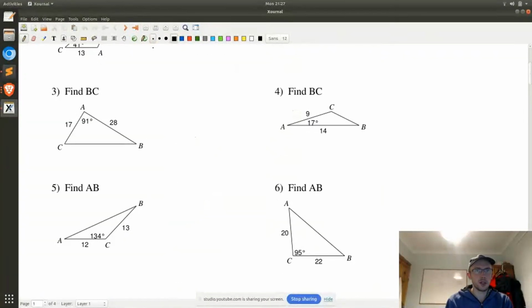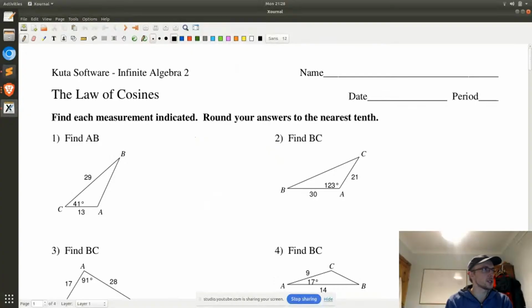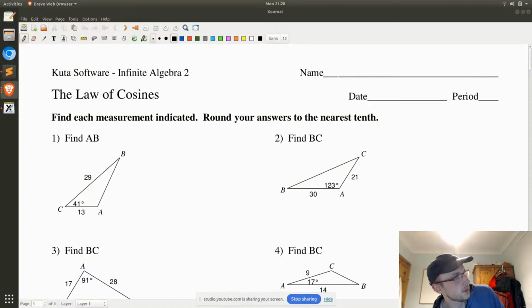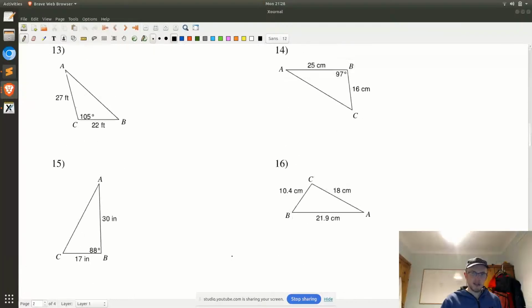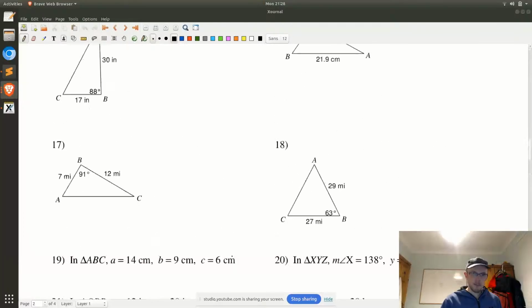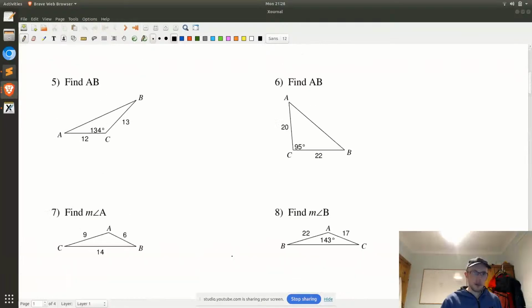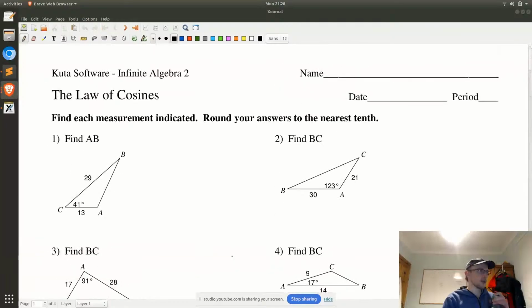And now the law of cosines. But just prior to that, we'll take a very short break. Let's see how many. Okay, so this is fiddly work.